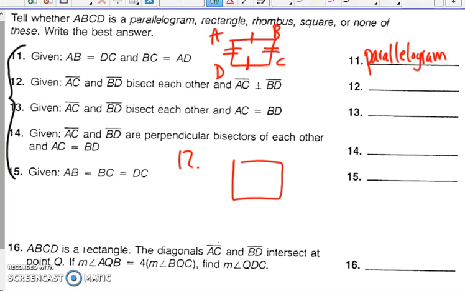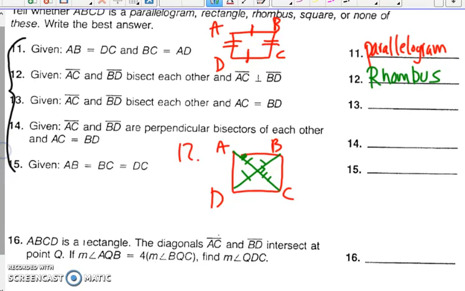We have ABCD, AC and BD bisect each other, meaning they cut each other in half, and they're perpendicular. If you look back at our properties, that describes a rhombus. That is the most specific quadrilateral you can say.